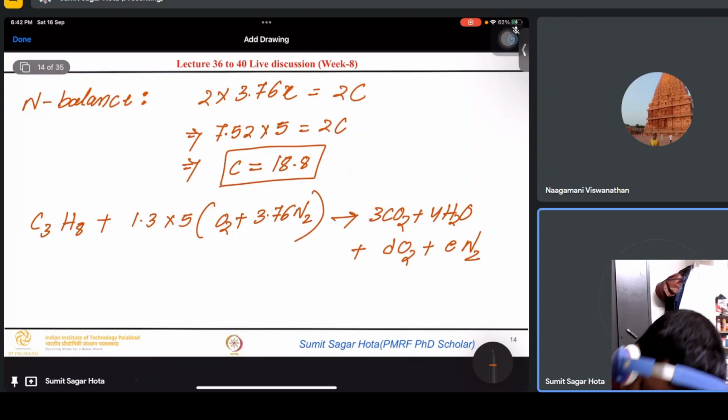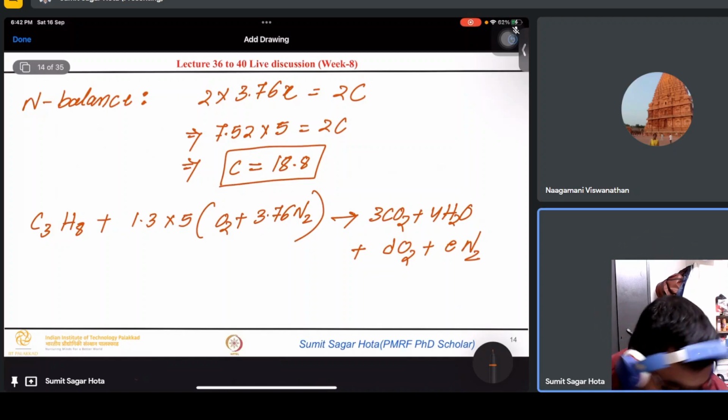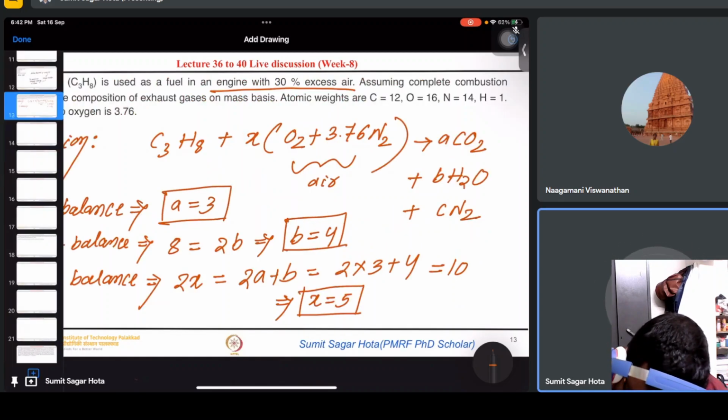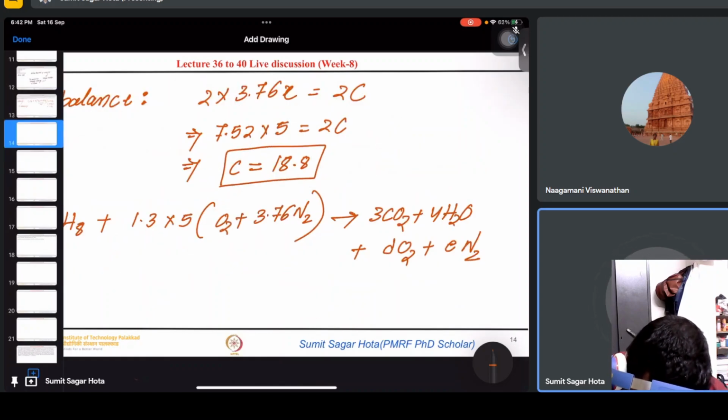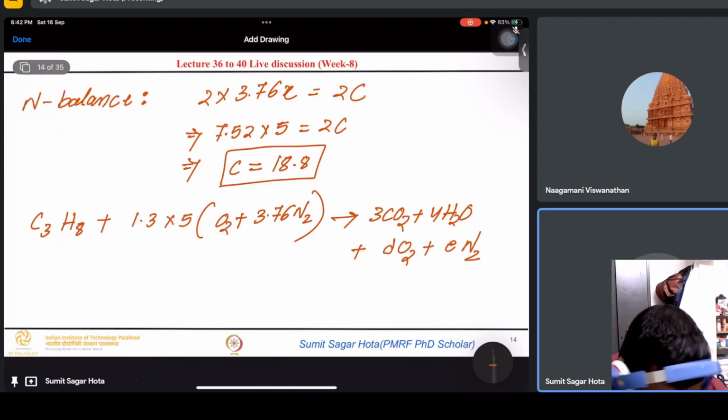Because excess air is there, some oxygen species will come. So D and E you now have to find out. Here I found the C and substituted it. Now D and E are your requirement.